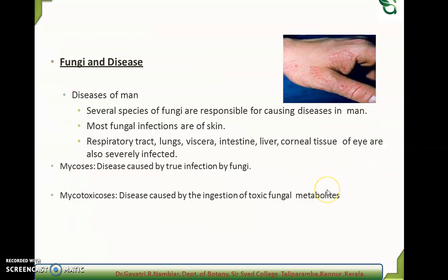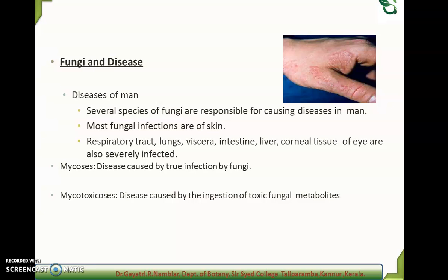Then fungi cause diseases in human beings, animals, as well as in plants. Many human diseases are mainly due to fungi. For example, they infect the skin, appearing in the form of rashes, or they appear on the skin or hairs, etc. Other places severely infected are the respiratory tract, intestine, and corneal tissues of eyes.